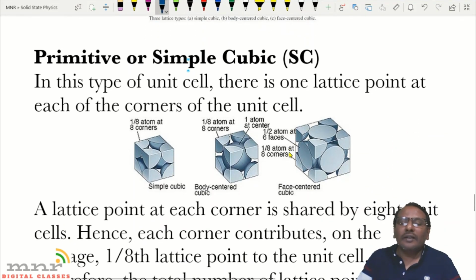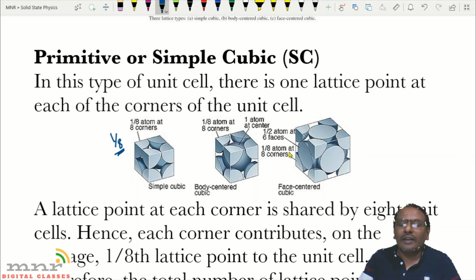Now observe here, when we repeat in the 3-dimensional case, each lattice point is shared by 8 such unit cells. So the contribution of each lattice point to this given unit cell is only 1/8. Any lattice point at the corners of a unit cell will contribute only 1/8 of its share, as shown in the diagram.